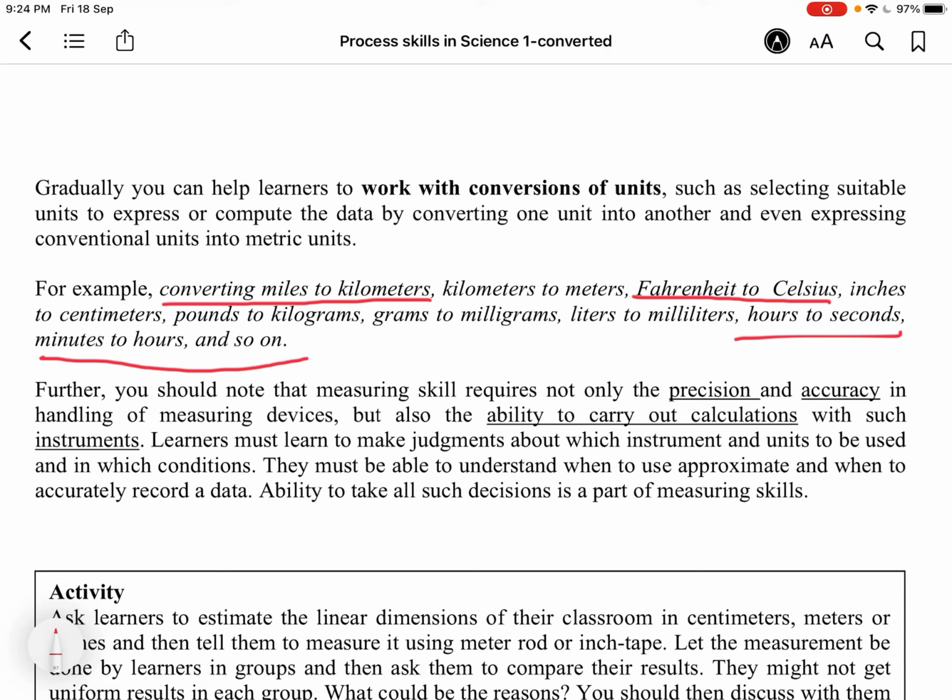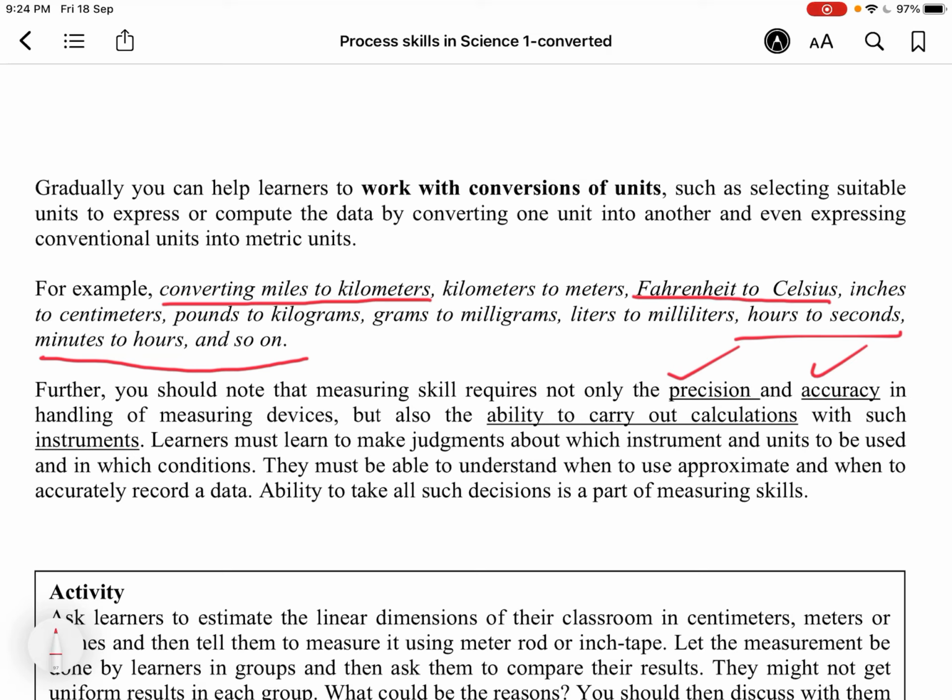Whenever our students are developing these measuring skills, we have to keep in mind that the learners do the measuring activity very precisely and accurately. This is very important.